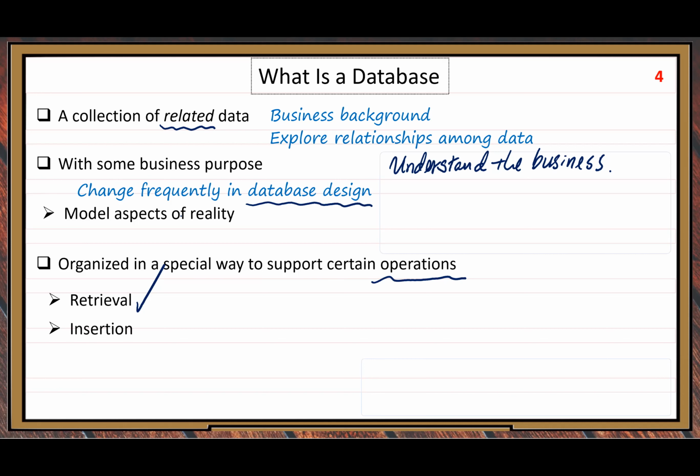The second type, insertion. Insert new data into your database. This part is not very complicated. Pretty straightforward. After a few examples, we can do all of them. Then update. Later we feel we need to modify certain pieces of the business data.